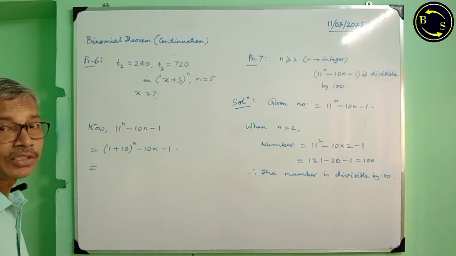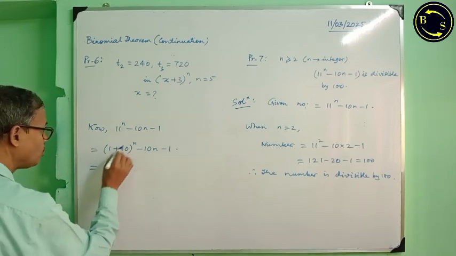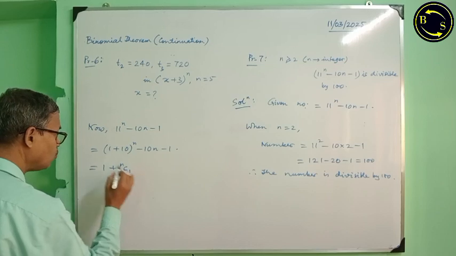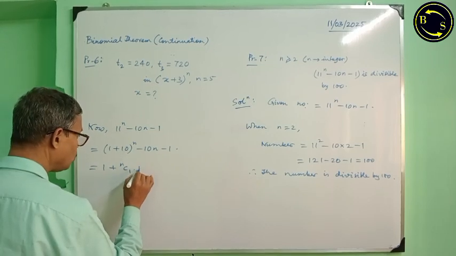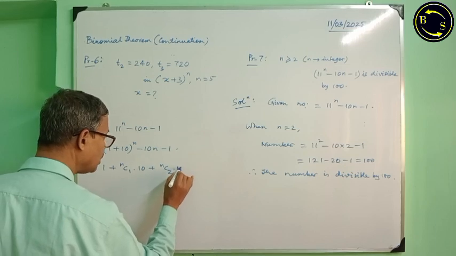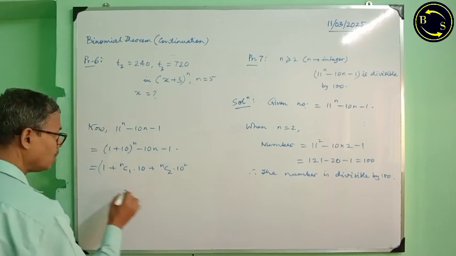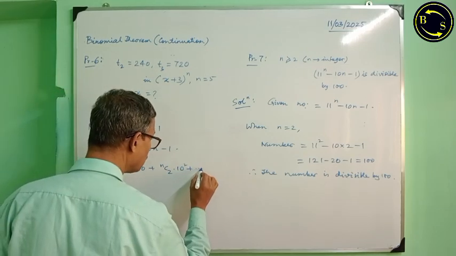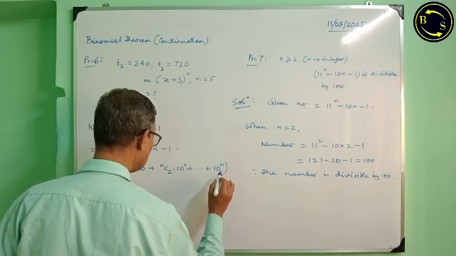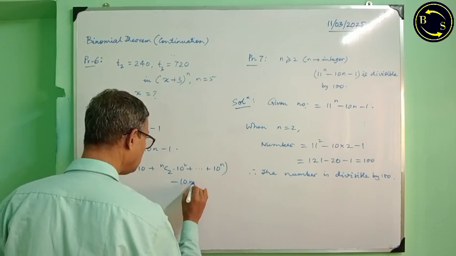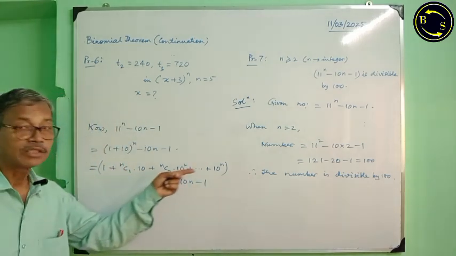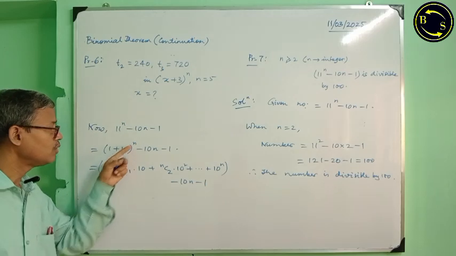Now I write the expansion. 1 to the power n, that means 1 plus nC1 into 10 plus nC2 into 10 square plus up to 10 to the power n, minus 10n minus 1. First, I have written the expansion of (1 plus 10) whole to the power n.